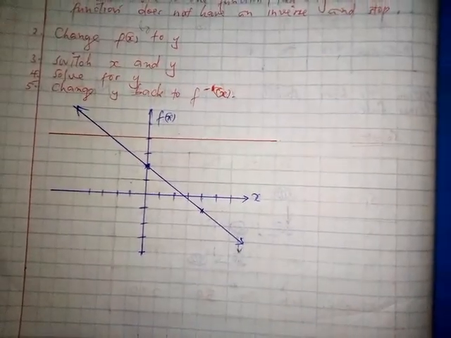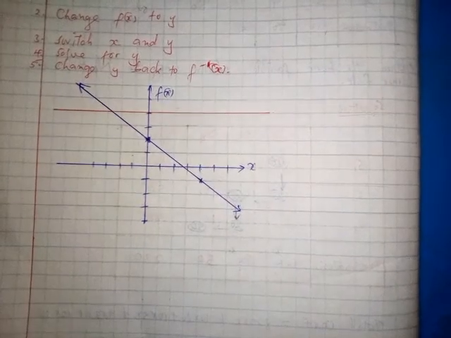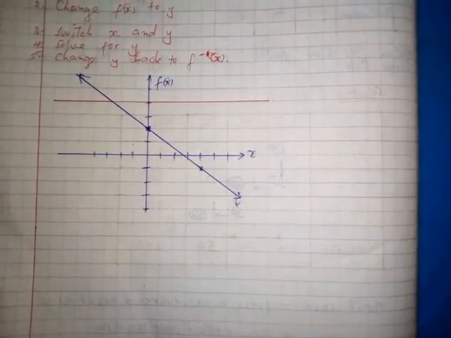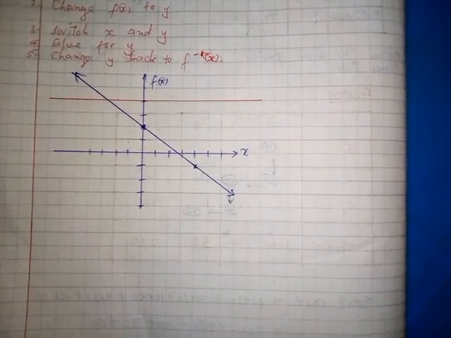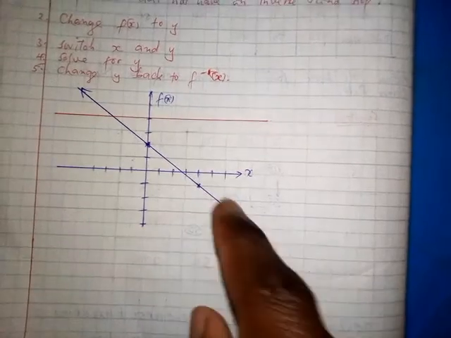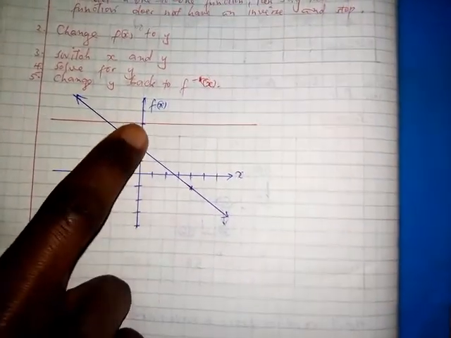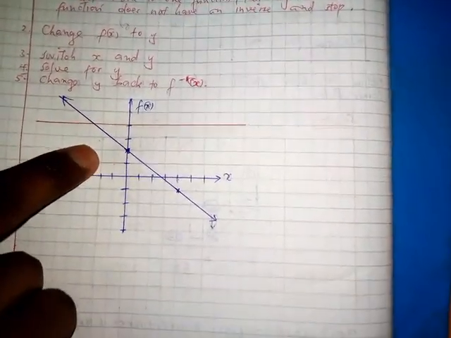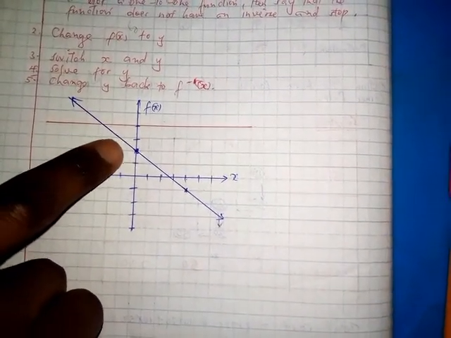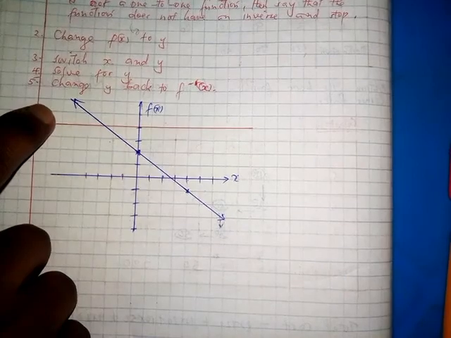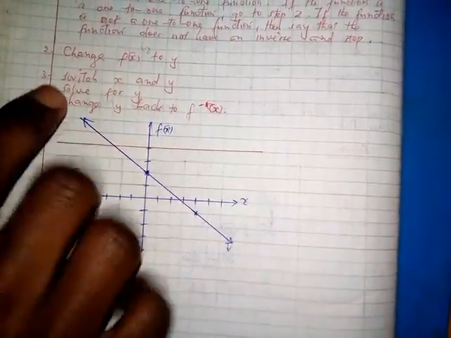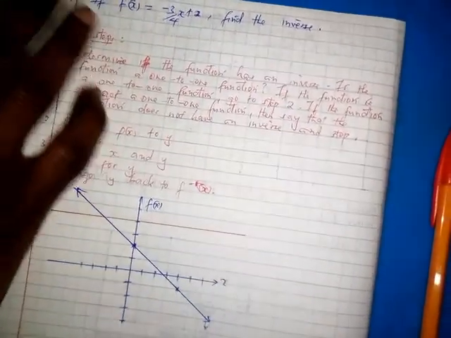You can see that our graph has passed the horizontal line test. It has only crossed it once. Even if you extend this line, it only crosses the line once. But if it had crossed it more than once, then we can say that our function is not one-to-one.